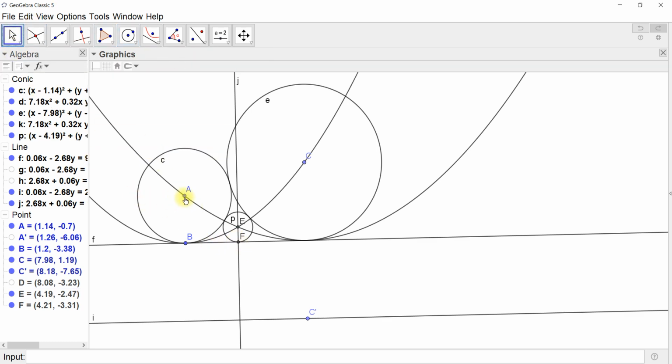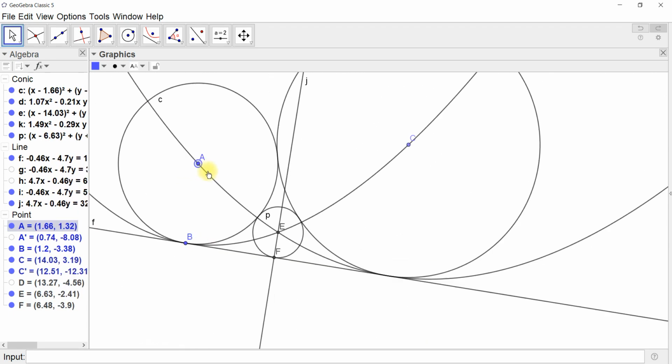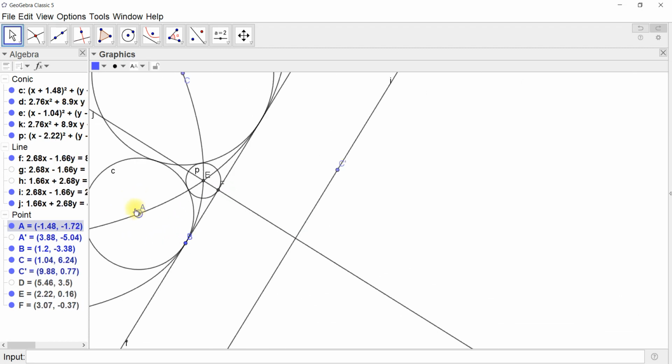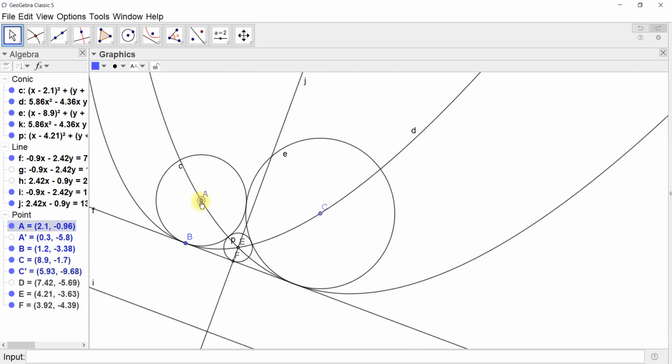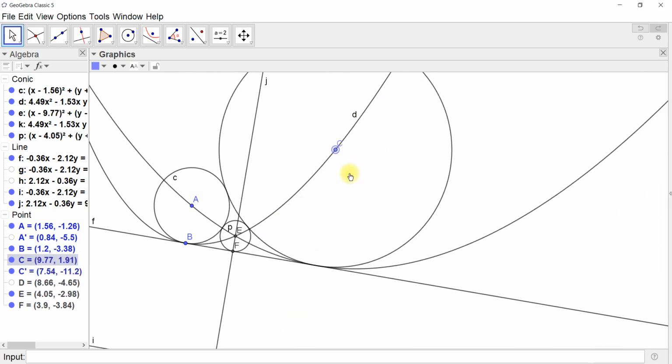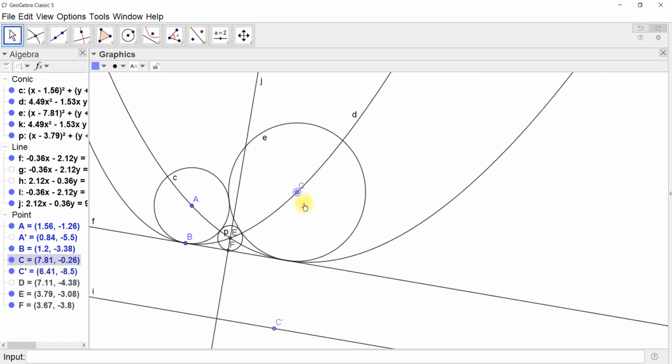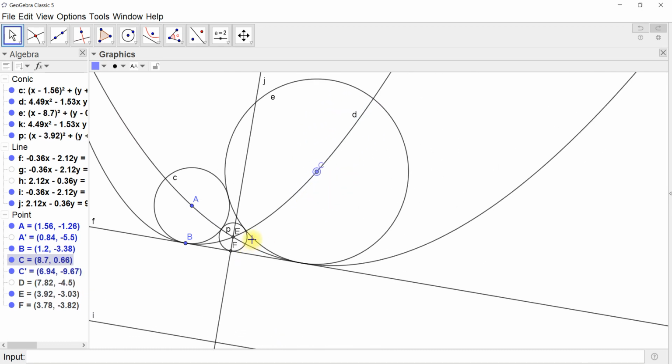And again, the first circle is controlled by any 2 points, which gives us our size and our tangent. The second circle, we can determine the location of its center, which will then determine its radius. And those two circles determine the third one.